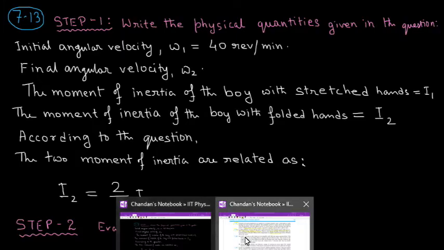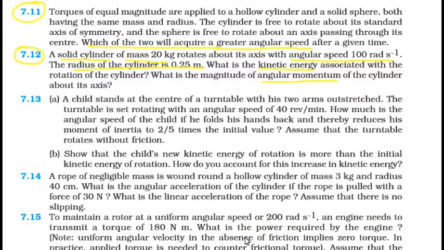So let us see the next question. Next question is 7.13, part A. A child stands at the center of a turntable with his two arms outstretched.